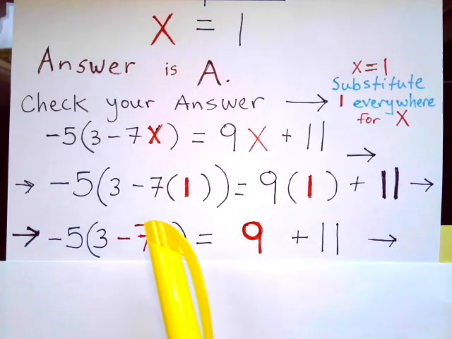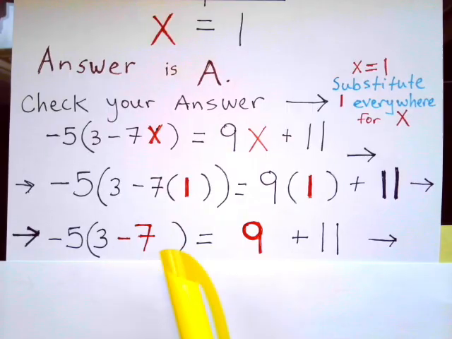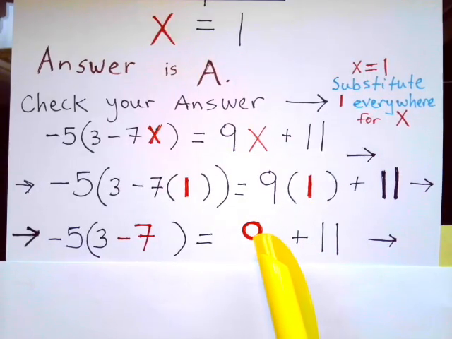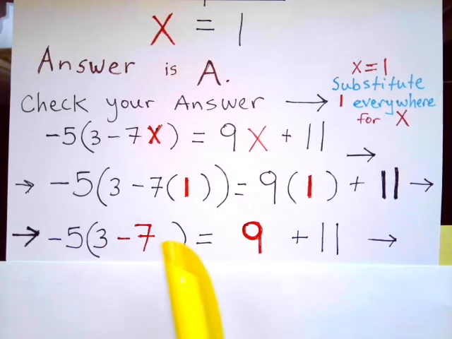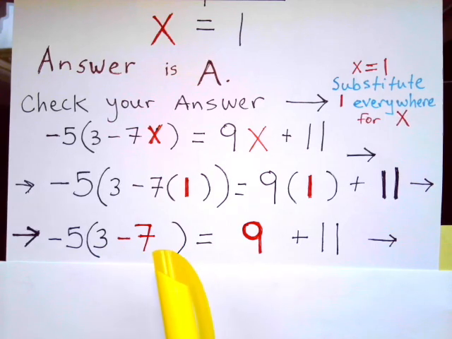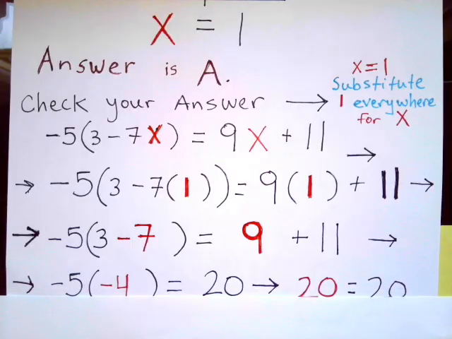But technically, I should have continued to take care of what's inside the parentheses, although multiplying 9 times 1 is not going to change anything. So in the next step, are there any parentheses? Yes. Inside the parentheses, 7 plus a negative 7 is negative 4.